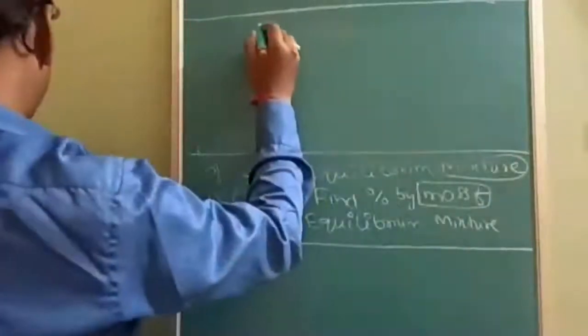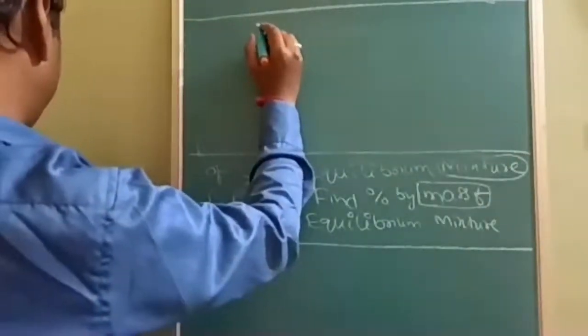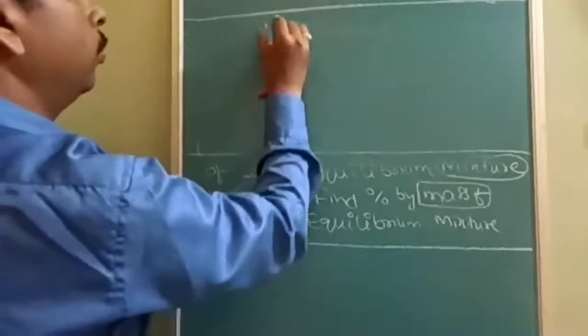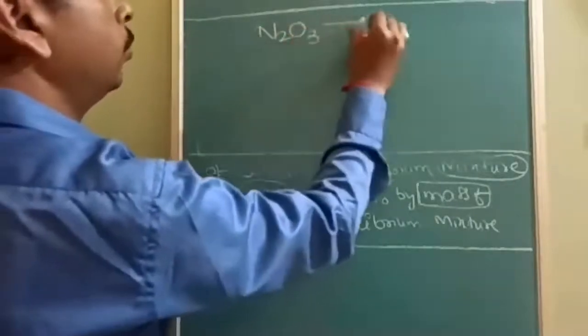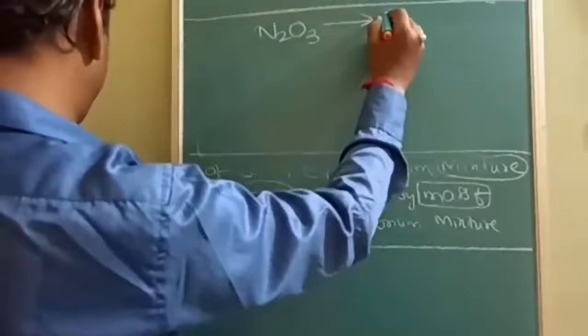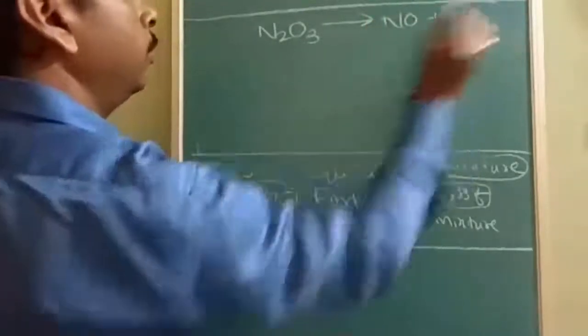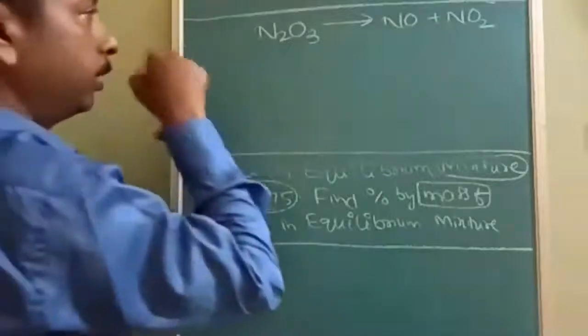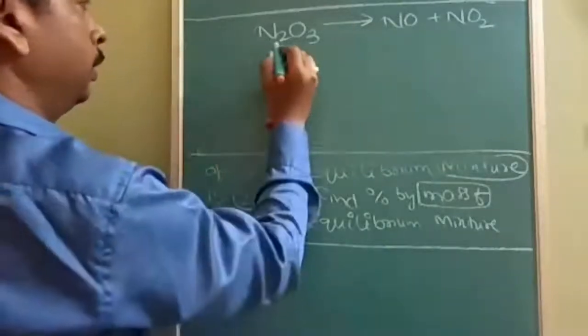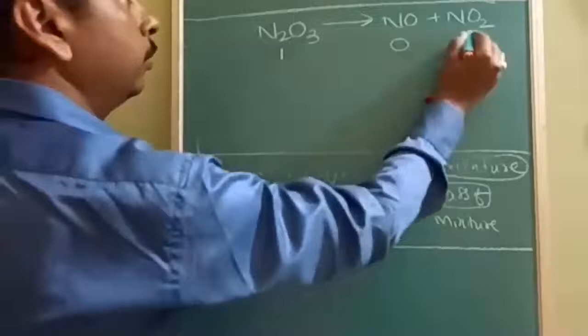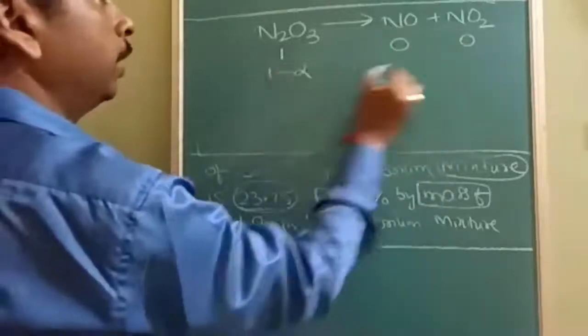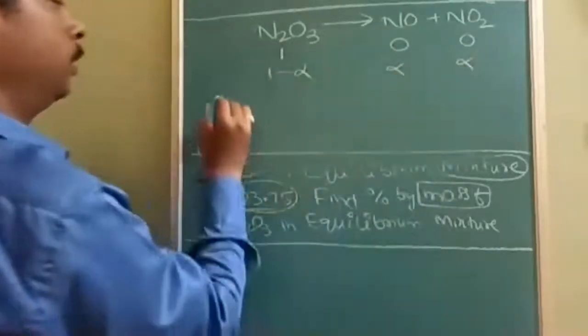So here in this question, what is dissociating? N2O3 dissociates to give NO plus NO2. Now here it is 1, 0, 0 initially, and 1 minus alpha, alpha and alpha at equilibrium.